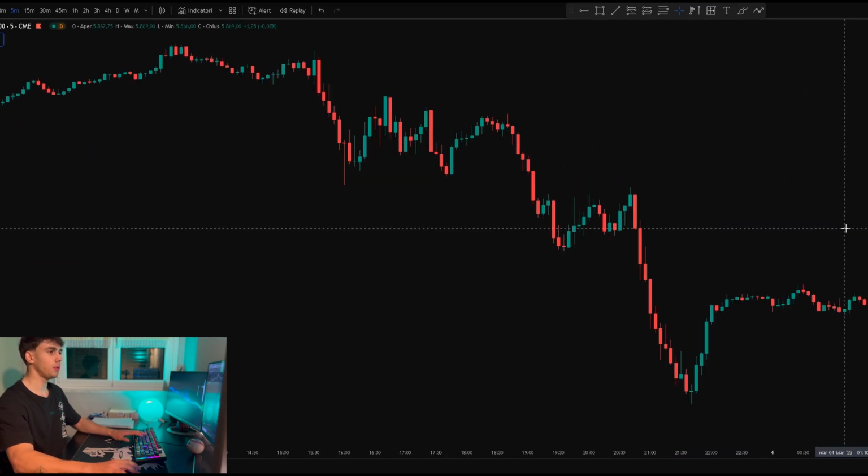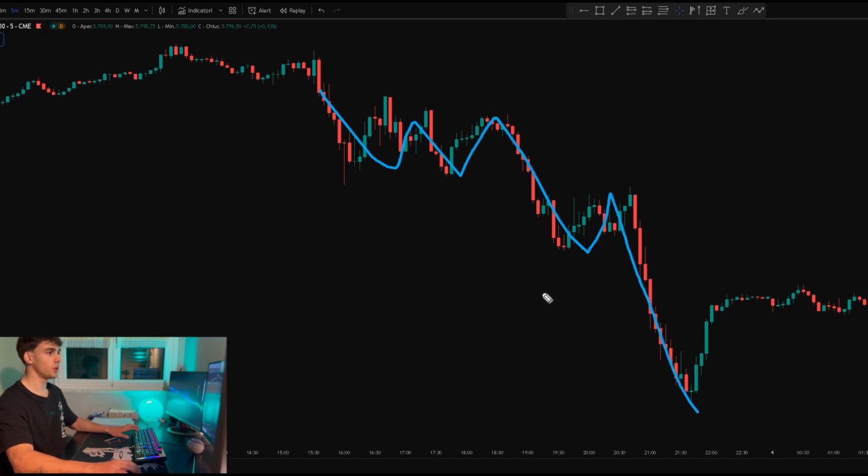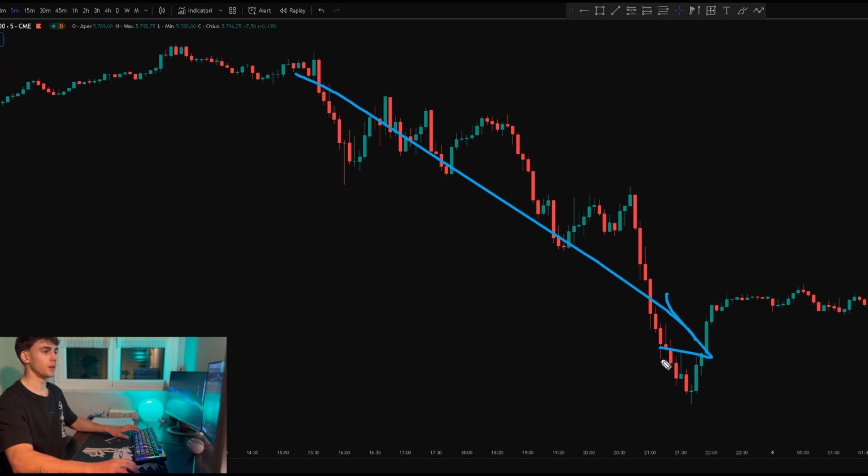Alright, second example, we're still on the ES future, and as you can see here, we have this downtrend developing, and let's say you want to get an entry here, but you don't know where. How can you know when to enter in a trend like this one? What you want to do is take your volume profile.